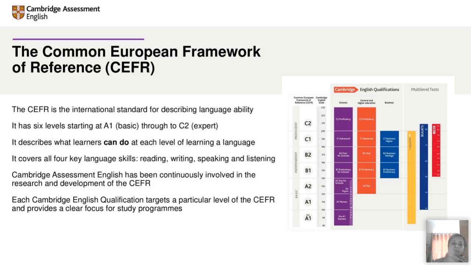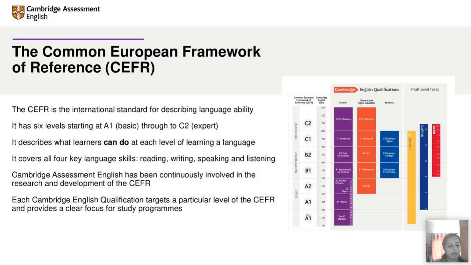Similarly, in the CEFR, when I say that a particular candidate is at A1 level, or A2 level, or B1 level, or B2 level, it signifies a certain mastery over the English language skill at that particular point. Obviously, A1, which is the starting point, is the basis, and C2 is the expert.